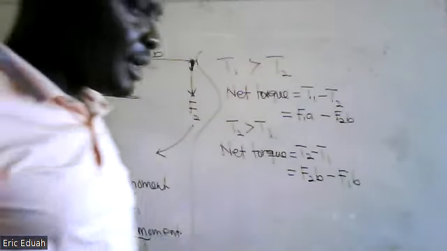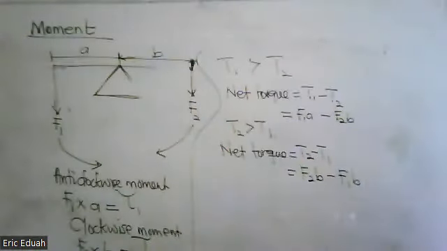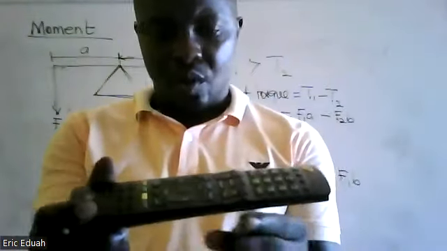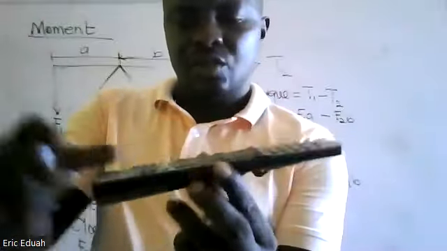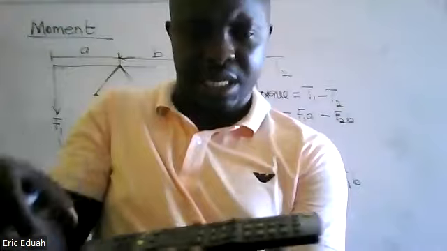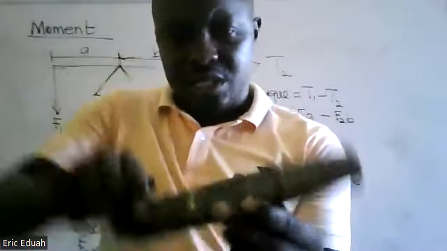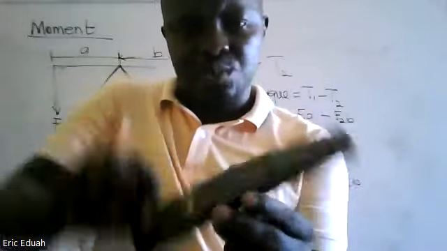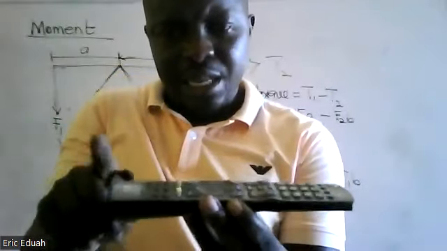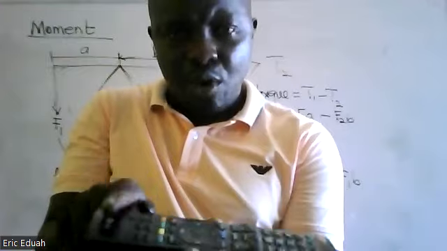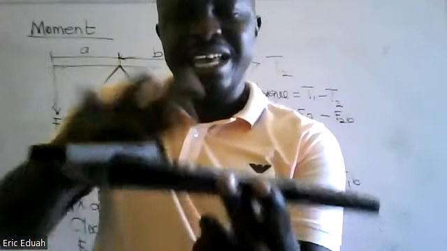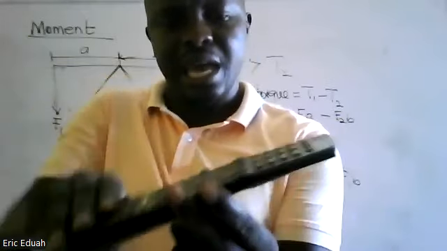So if you have a bar, and there's a pivot at the middle, somebody is here, somebody is here. Whoever is here will create a clockwise movement. Whoever is here will create an anti-clockwise movement. Depending on the moment or torque produced by any of us, the net would either be here or here.